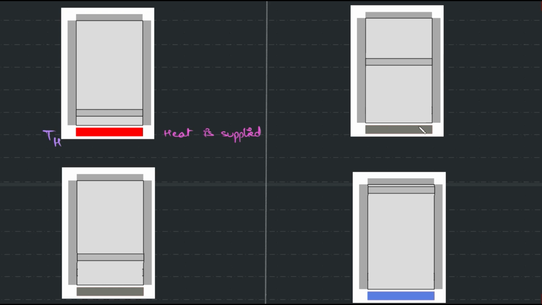Next, when I keep an adiabatic wall, what happens to the heat? Yes, it's conserved. Then over here, you have a cold reservoir, so heat is taken away.